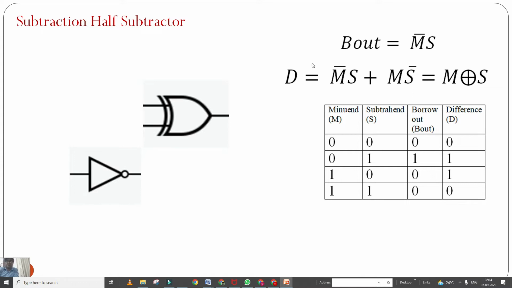We require m bar, so that's why the NOT gate is required, and an AND gate is required to perform m bar s.